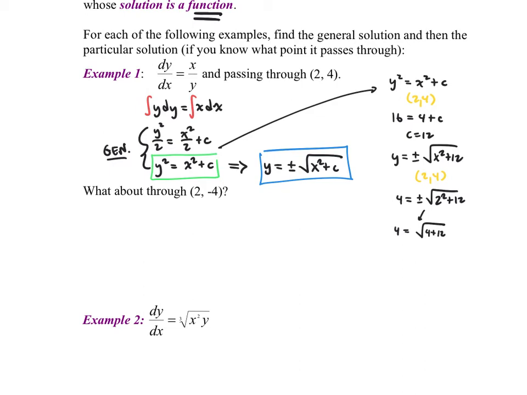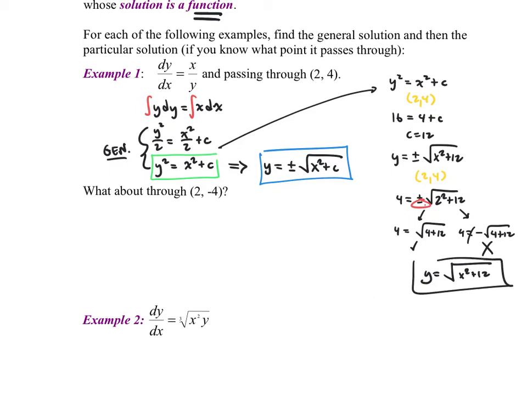The square root of 16 is 4, so that checks. But if I go the other way and say that y, which is 4, is equal to the opposite of the square root of 4 plus 12, that's not true. So this is not considered part of that particular solution. Our particular solution for example 1 would only be the positive portion of the square root.